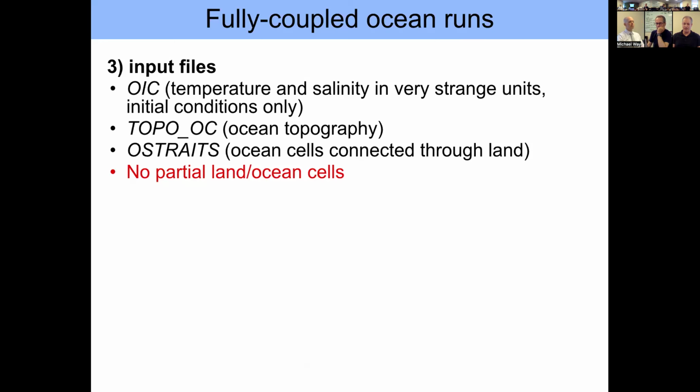And finally, we also saw with Costas a few input files. These are used when you're starting a dynamic ocean run. The first one, OIC, is for the ocean initial condition, and basically you're going to describe the state of your ocean at the start of a run.